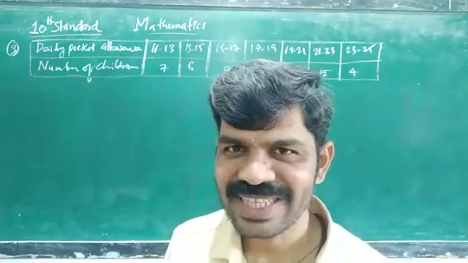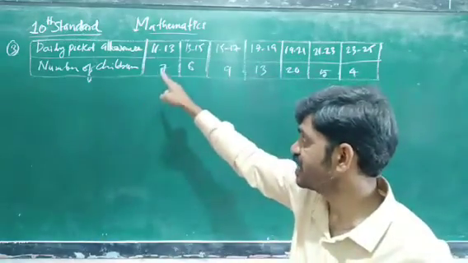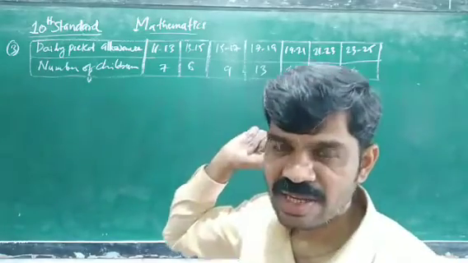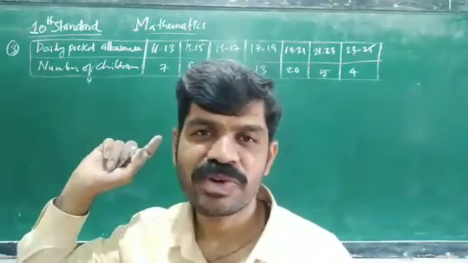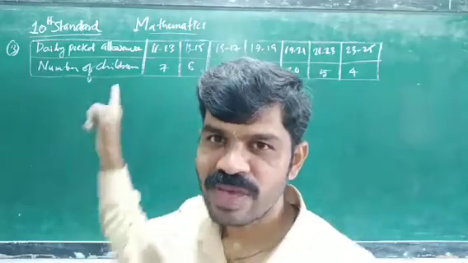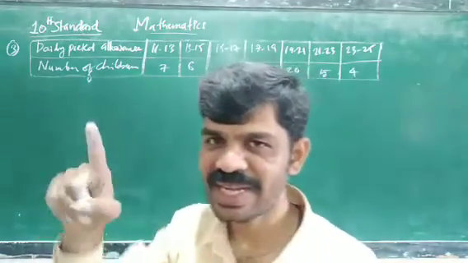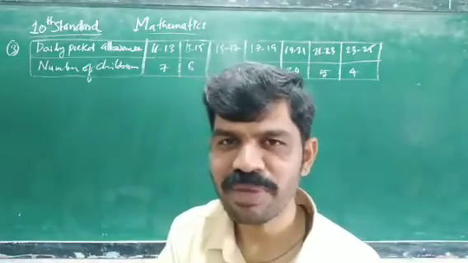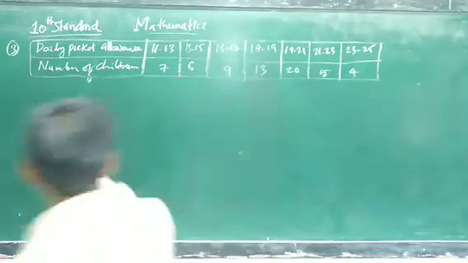What is given in the class interval? It is the daily pocket allowance, and the frequency is the number of children. From the class interval we have to find x. We have the frequency f. With f and x we get fx, and summation of fx divided by summation of f will be the mean. Come on, let us find it out.